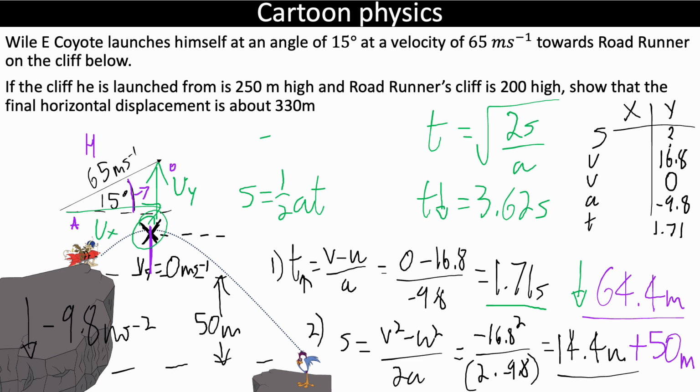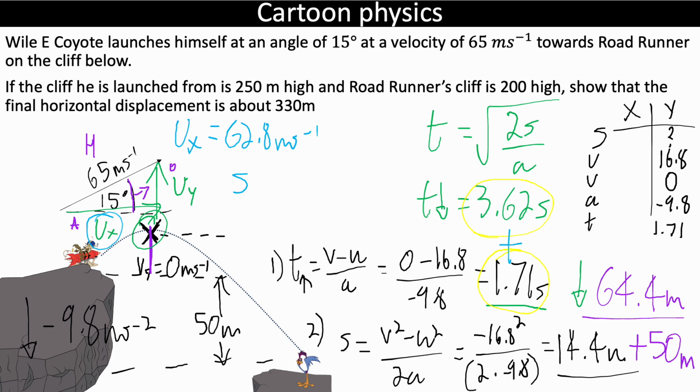Now that we know the total time in the air, which is a combination of the time up and the time down, and Wile Coyote's horizontal speed ux, which was 62.8 meters per second, we can just use displacement equals velocity times time.